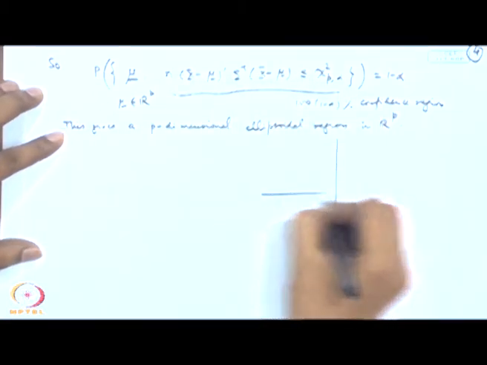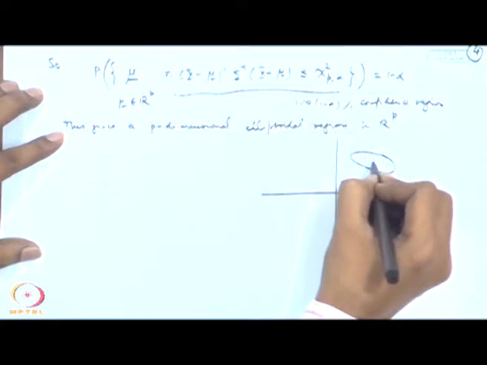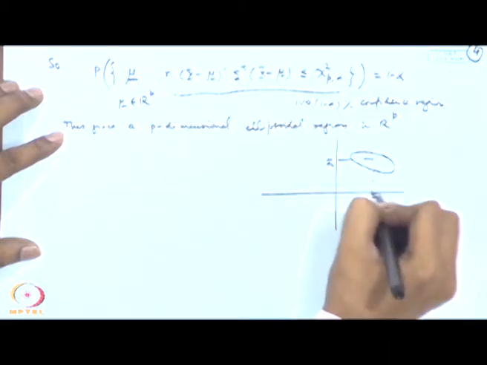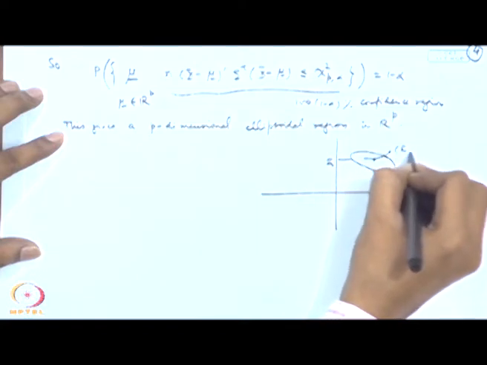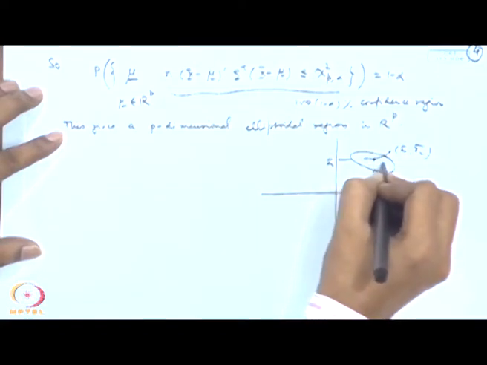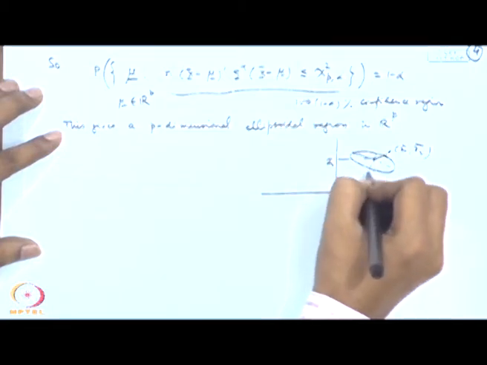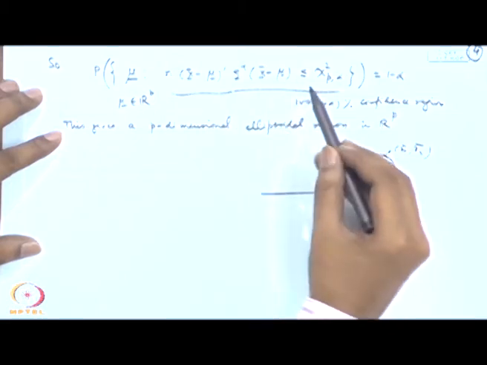So, for example, if I consider 2 dimension, it may become something like this. Suppose this is my say x 1 x 2 vector. So, this point is say x 1 bar x 2 bar, and then you have this. So, you are getting the components of this.